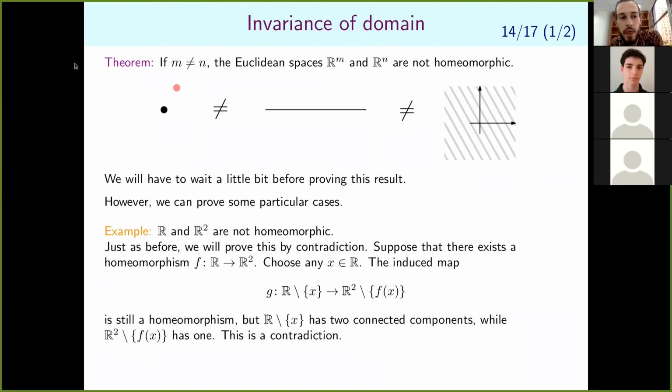For instance, R0, the point, is not homomorphic to R1, the real line. And this is not homomorphic to the plane, and so on. This result, we cannot prove this today.